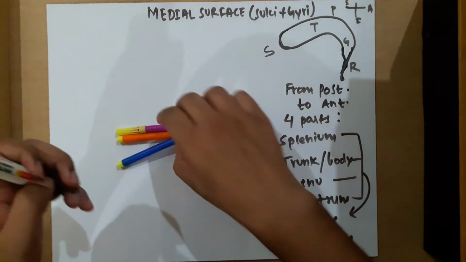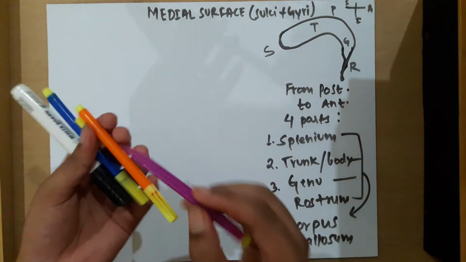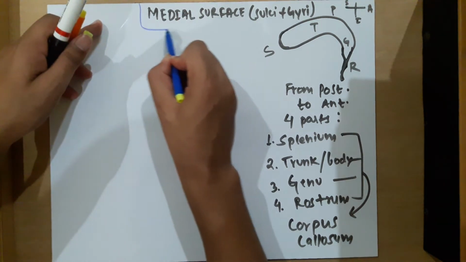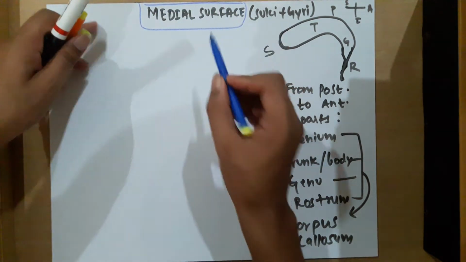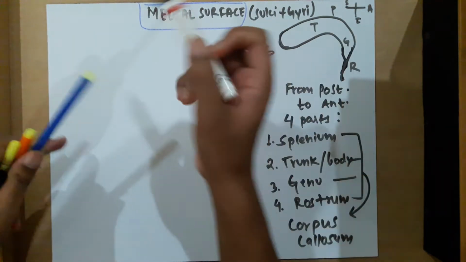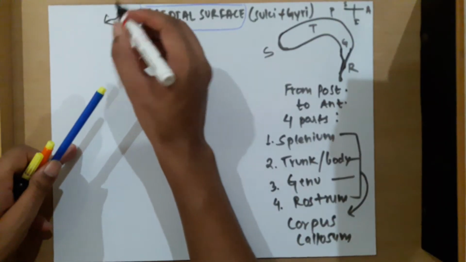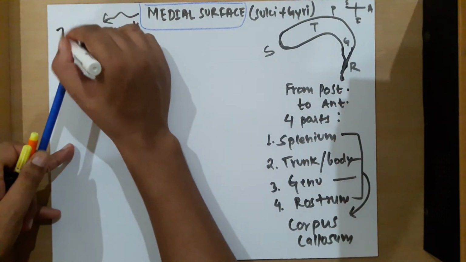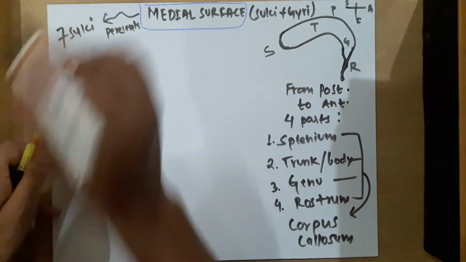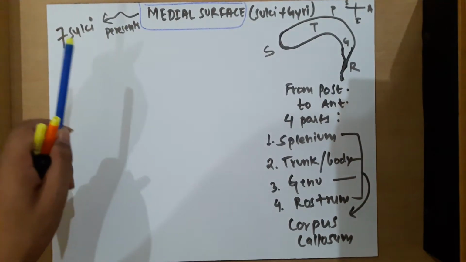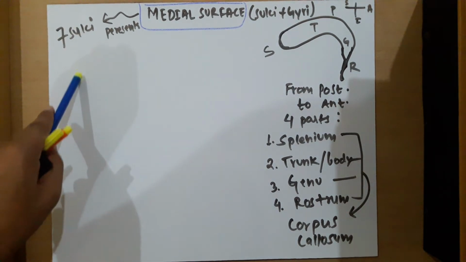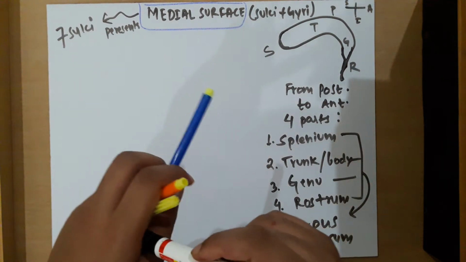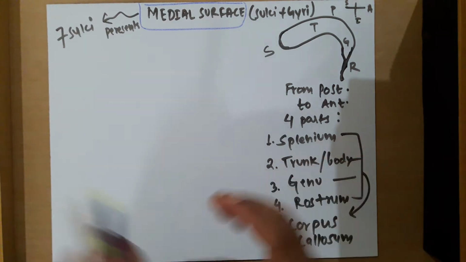The medial surface of the cerebral hemisphere presents seven sulci, and we'll write the names of the sulci and try to mention the gyri along with them and some important peculiarities.